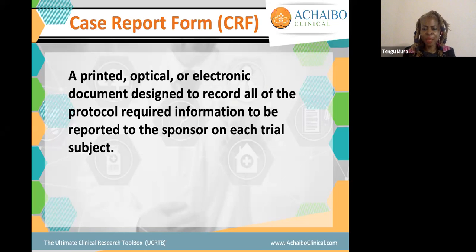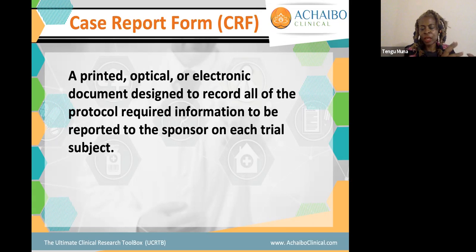Now, I will explain this. You have a source, the source data. What that means is that it's the first point at which, whenever procedures are done, they record it on those documents. The case report form is completely different. It's typically supplied by the pharma company, and the clinical research side would gather all that data.